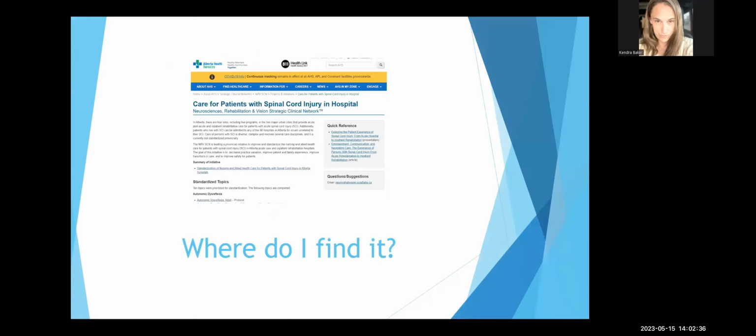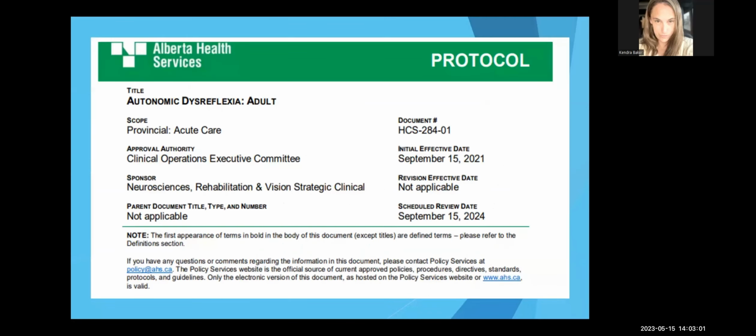So on Insight, if you just put in your search for autonomic dysreflexia or spinal cord injury, it will take you right to the protocol. Otherwise, you can even search autonomic dysreflexia AHS in Google, and it will also take you right there. Can I get the next slide?